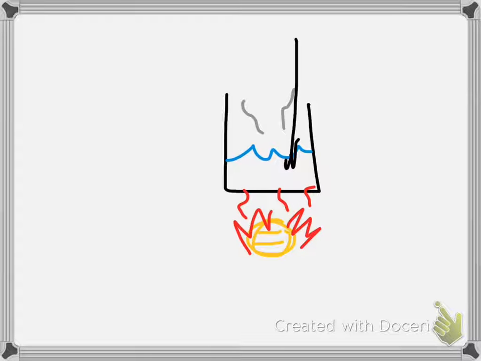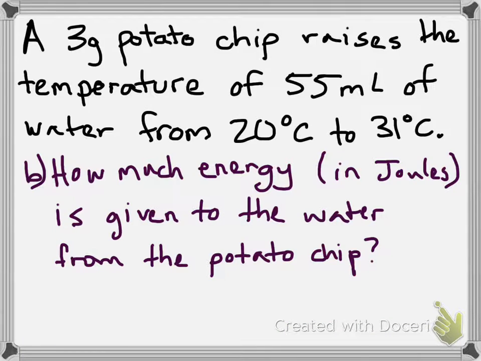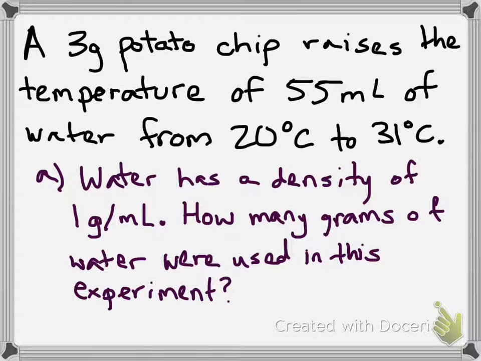So we'll have the initial temperature of the water, which might be down here, and then after we light that chip on fire and more heat goes into the water, the temperature is hopefully going to rise. Here we have our problem, and in this problem, the temperature does rise from 20 degrees Celsius to 31 degrees Celsius.